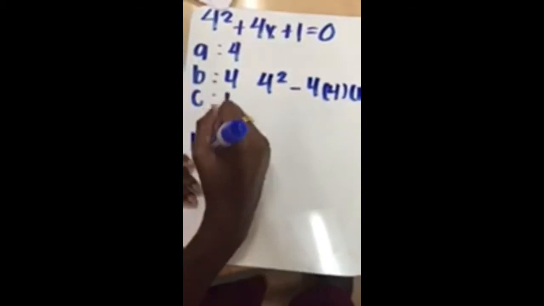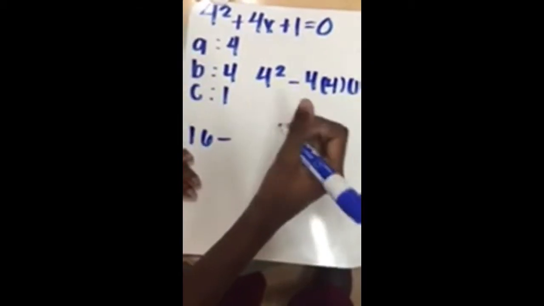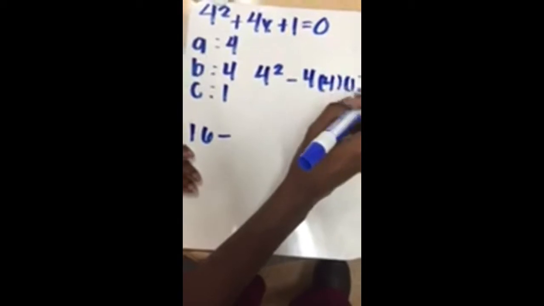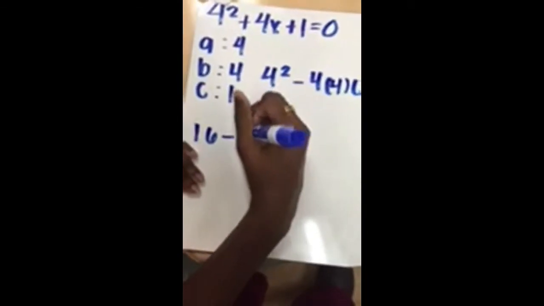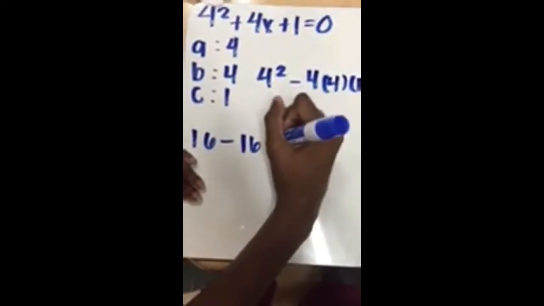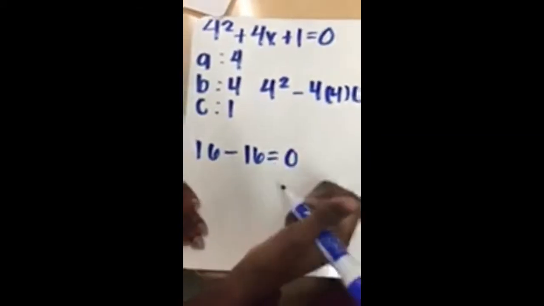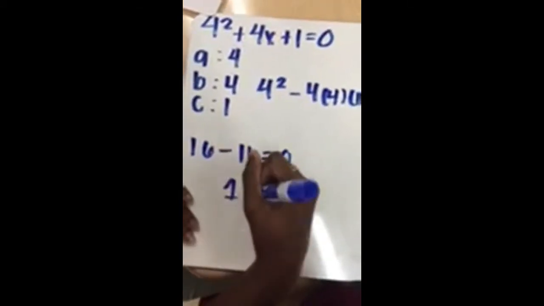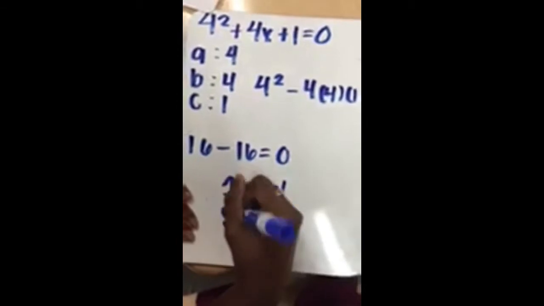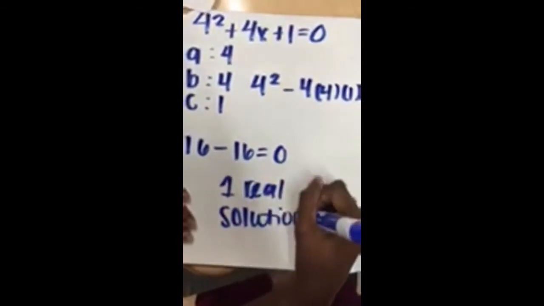4 squared is 16 minus 4 times 1 is 4, times 4 is 16, which will give you 0. Anything 0, it will have one real solution.